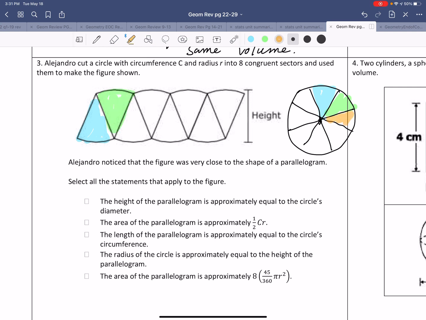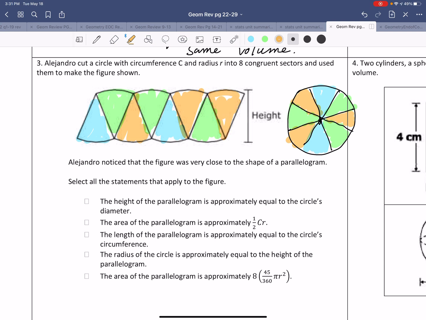It's really interesting because they're talking about approximating area by using the area of a parallelogram. I've seen this on tests before, so I really like the concept because I like this idea of approximation. In engineering school, you use approximation a lot.